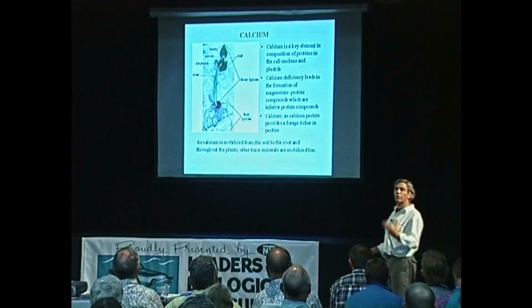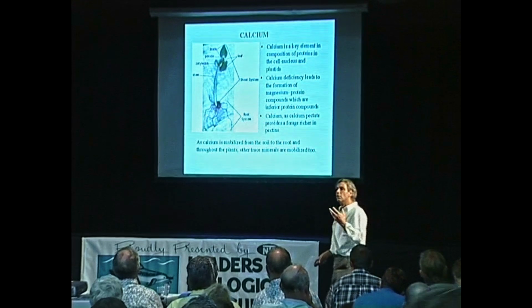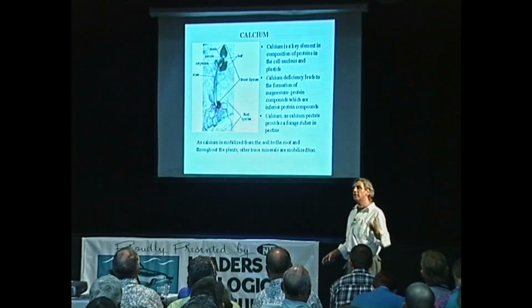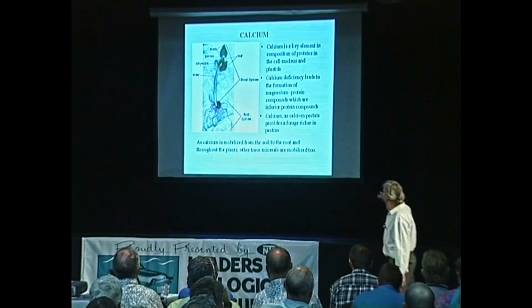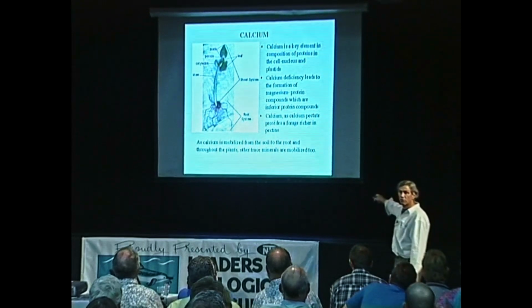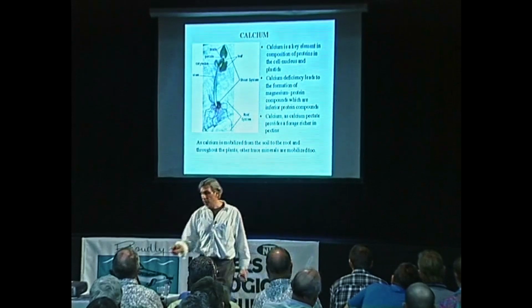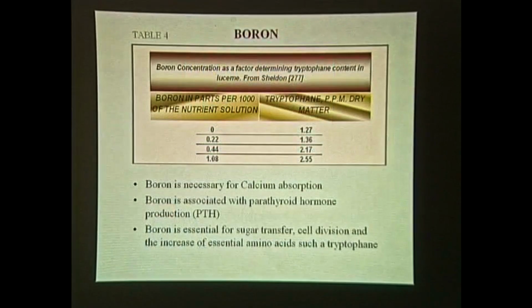That's one of the things that Albrecht found out, that in order to produce quality protein, you need sulfur and you need calcium. And then calcium is also responsible for producing the pectates, which is where you get those energies that you've been hearing about. And of course, being that it's the trucker of all nutrients, you get those other benefits. As a matter of fact, it doesn't just truck nutrients in the cell, it trucks nutrients in the plants.